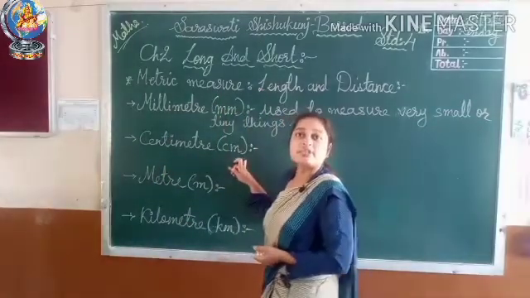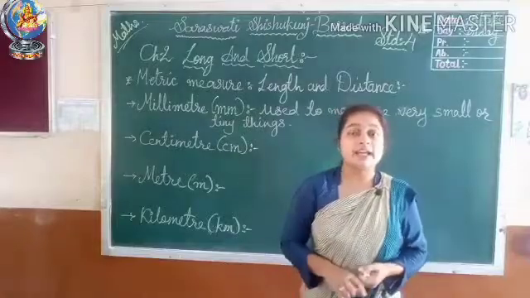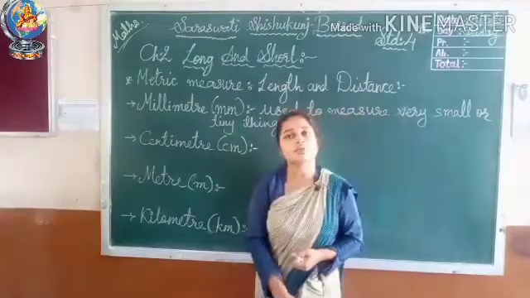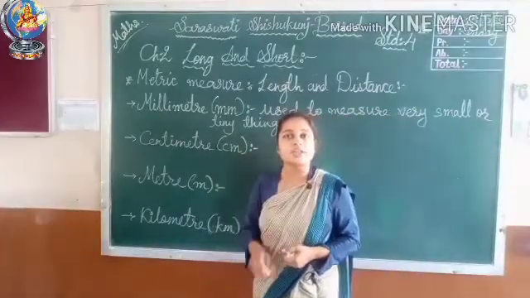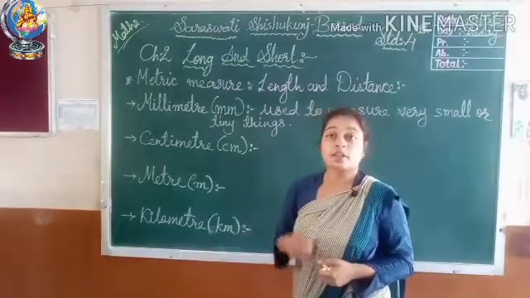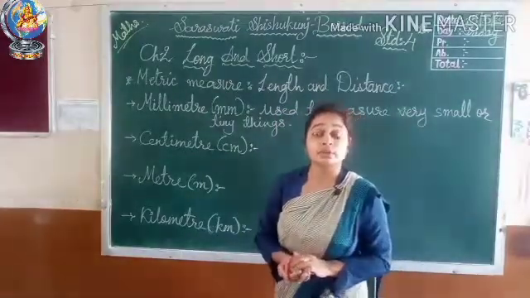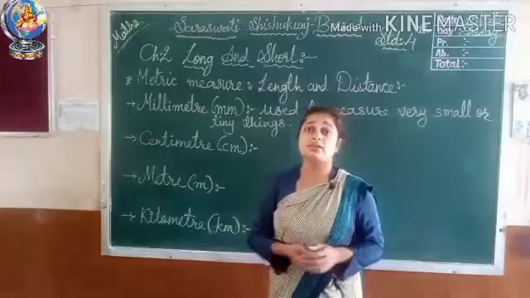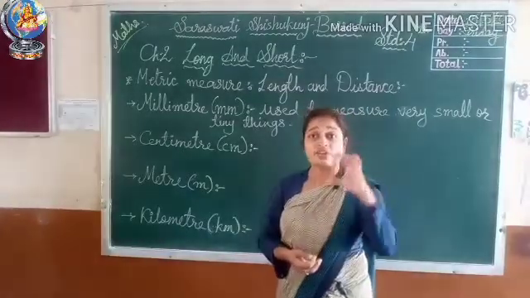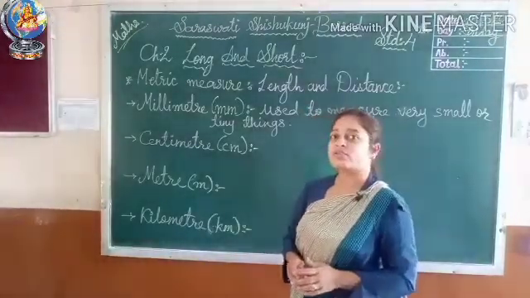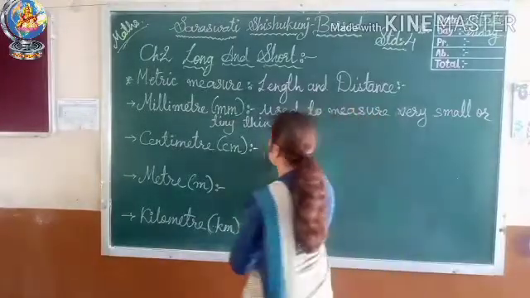Centimeter. Centimeter is used to measure with a ruler small things, just like a compass box, your height, the length of your notebook, the length of your compass box, the length of a chalk stick. All these things are measured with the centimeter unit.